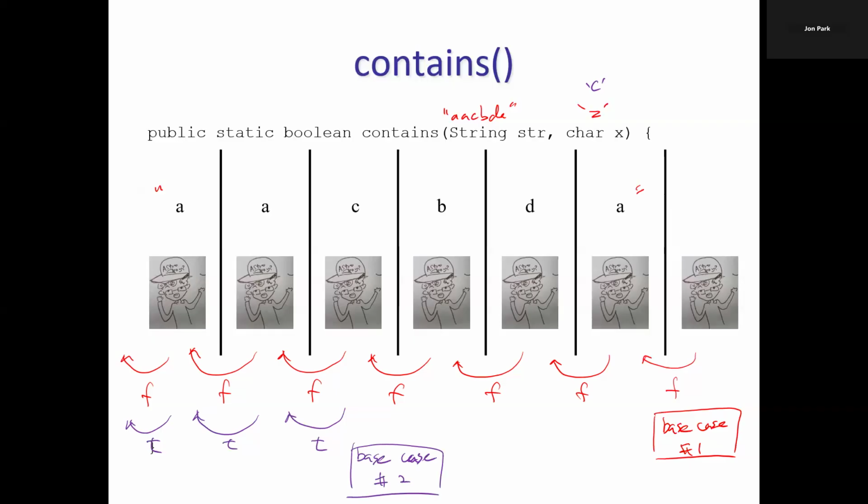So your method should have two base cases. In the first case, it returns false. The other case returns true. Now, can you tell me what the condition for this base case is? At this point, why did we stop recursing?